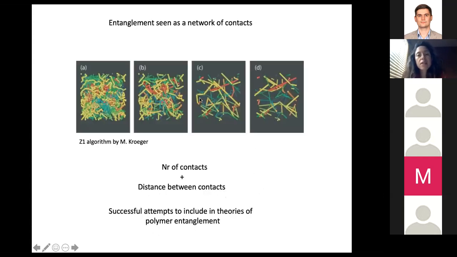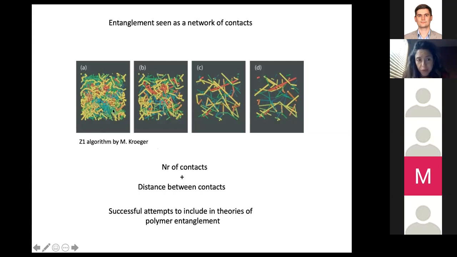So in an attempt to measure this type of entanglement in polymer systems, several groups have done this, like Kröger at ETH, Theodorou and Zoumanekas at the National Technical University of Athens, and Everaers in Lyon.